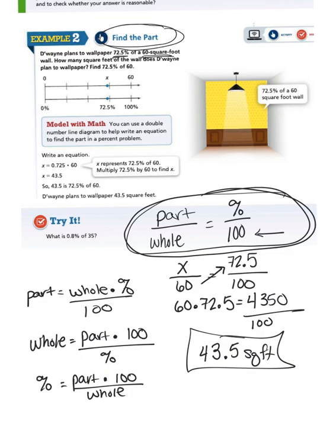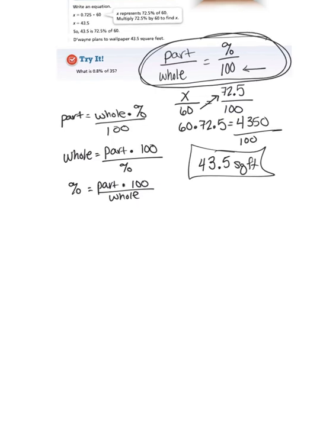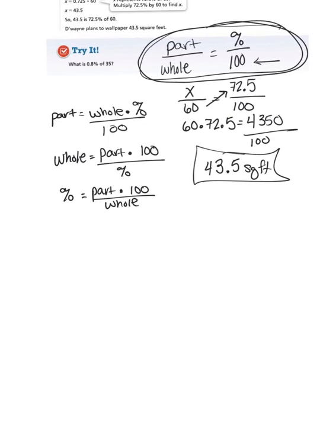So you have to read the problem and figure out what it is asking you for. This says, what is 0.8% of 35? Okay, well, I know my whole is going to be 35, and the reason I know that is because it says, what is 0.8% of 35?